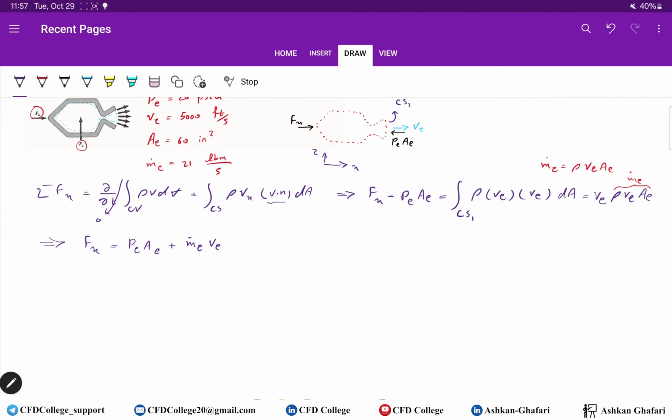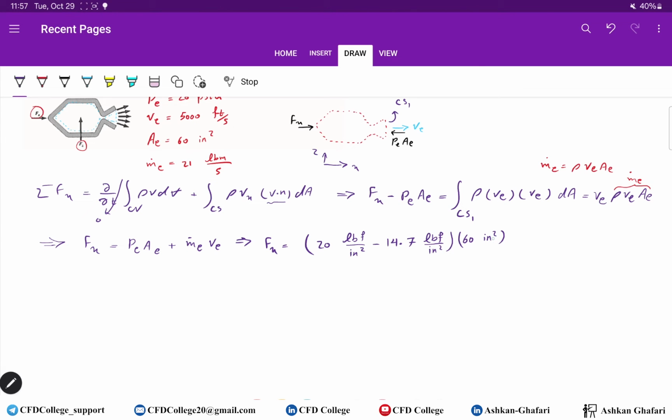Okay, now we have the values. We can find Fx equals PE. PE is 20 psi, but it's an absolute value, in pound force over inches square. We should subtract the atmospheric pressure, which is 14.7 psi, times area, which is 60 inches square.